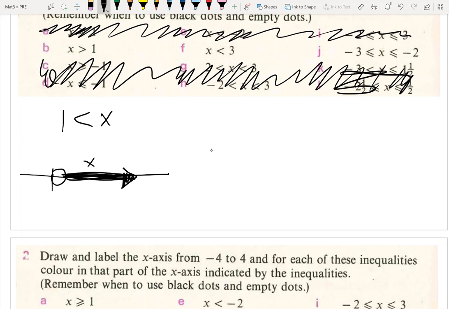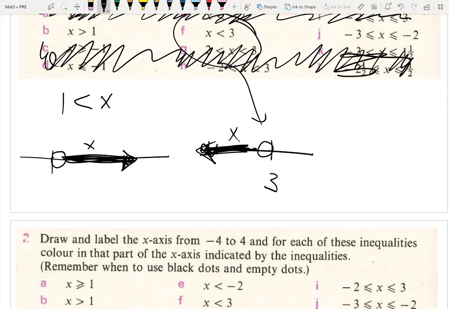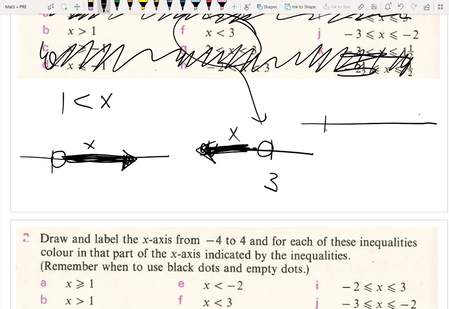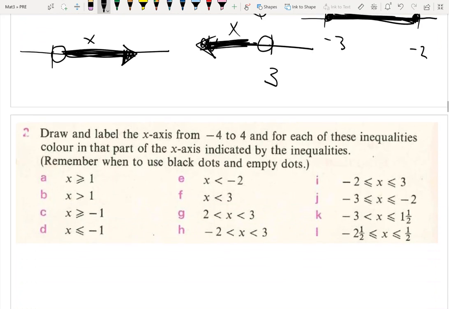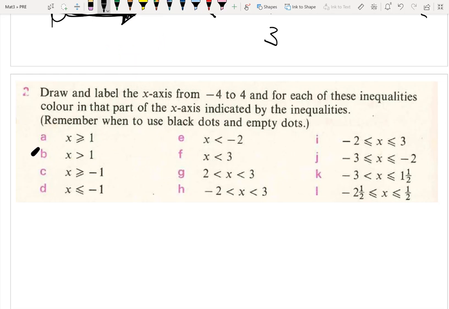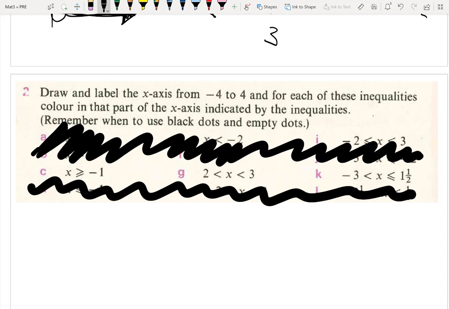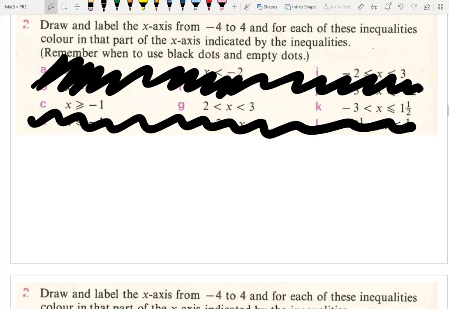You see, it becomes quite a fluid exercise. Are we facing in the right direction? No.